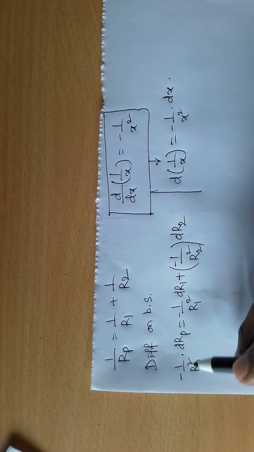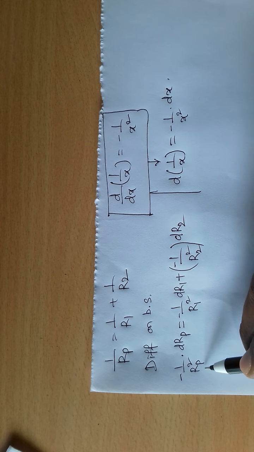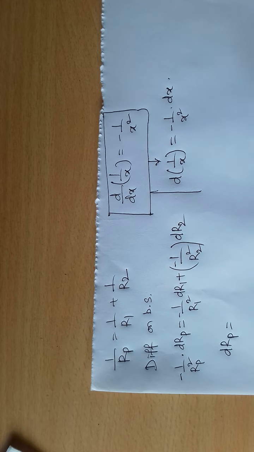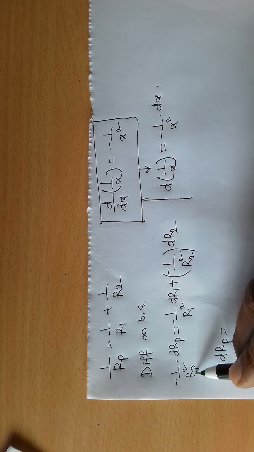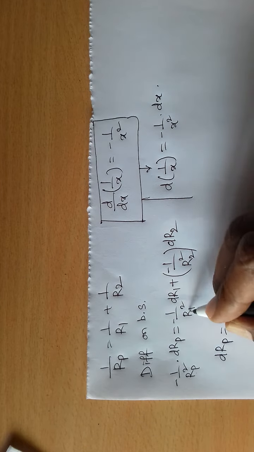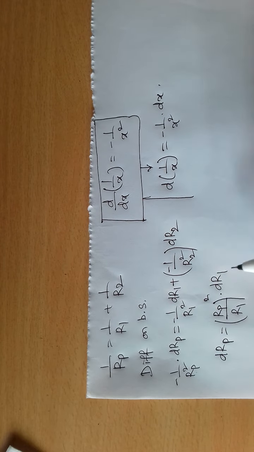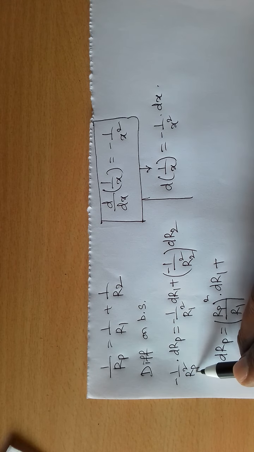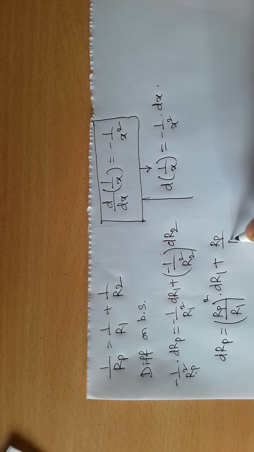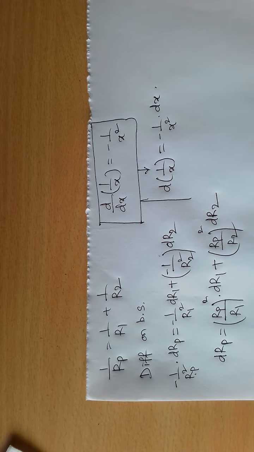Now minus on both sides can be cancelled and Rp square can be taken to the right hand side, so that you can write dRp is equal to, when Rp square is taken to the right hand side, it becomes the numerator, Rp by R1 whole square dR1, plus again Rp square comes to the numerator, so Rp by R2 whole square dR2.